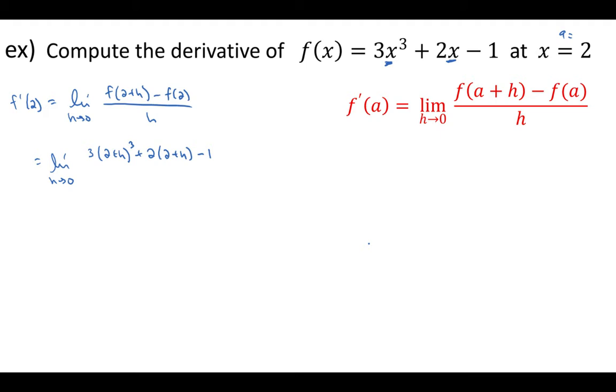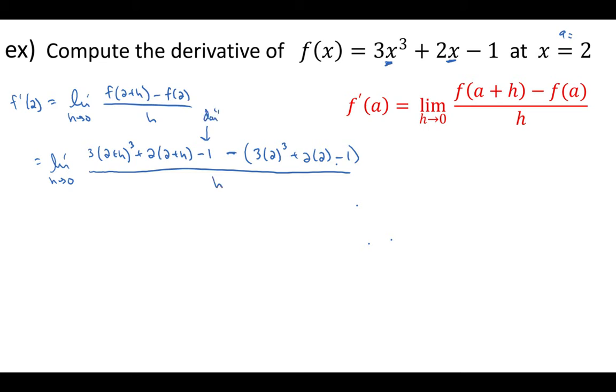Okay, that's just the first part. That's the f of 2 plus h. We then have to minus f of 2. So f of 2 is going to be 3 times 2 cubed plus 2 times 2 minus 1. It's very easy to forget the constant, especially this constant here. Don't forget it or else your function will not work. All right, just don't forget.